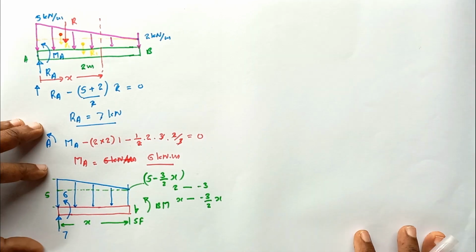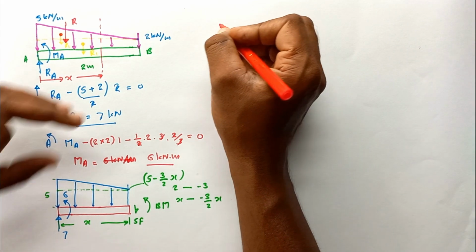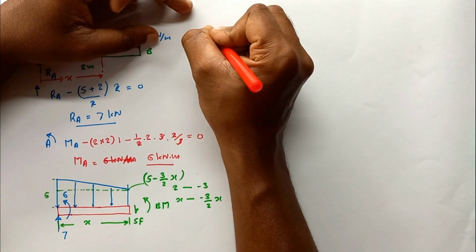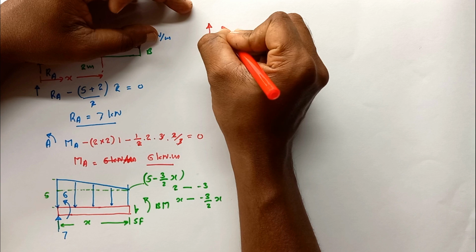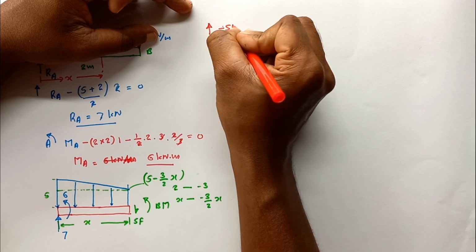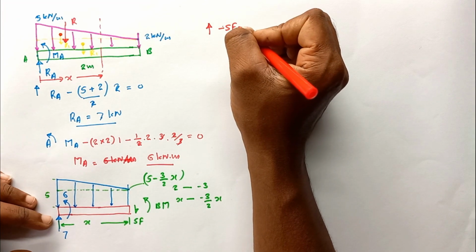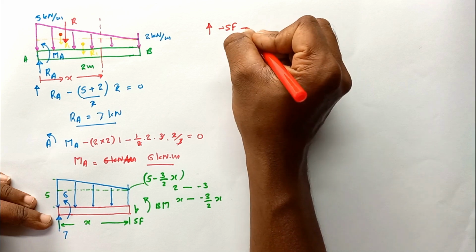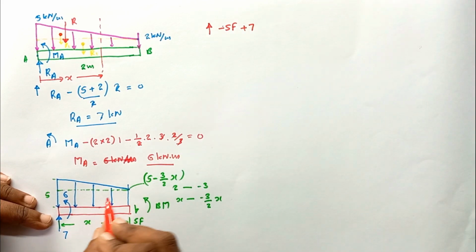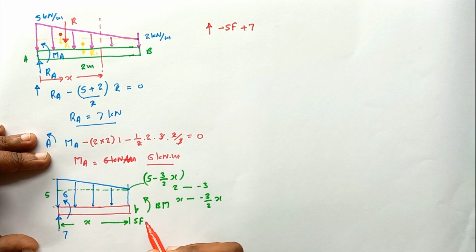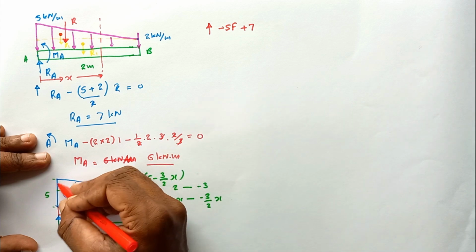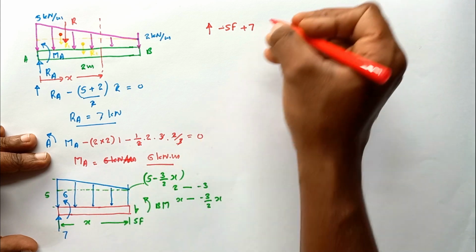Okay, then I'm going to write the equation for the shear force by resolving the forces in vertical direction. Minus shear force here plus 7. Then the resultant force produced by this trapezoid area, the linearly varying distributed load up to x point. So how are we calculating the area?